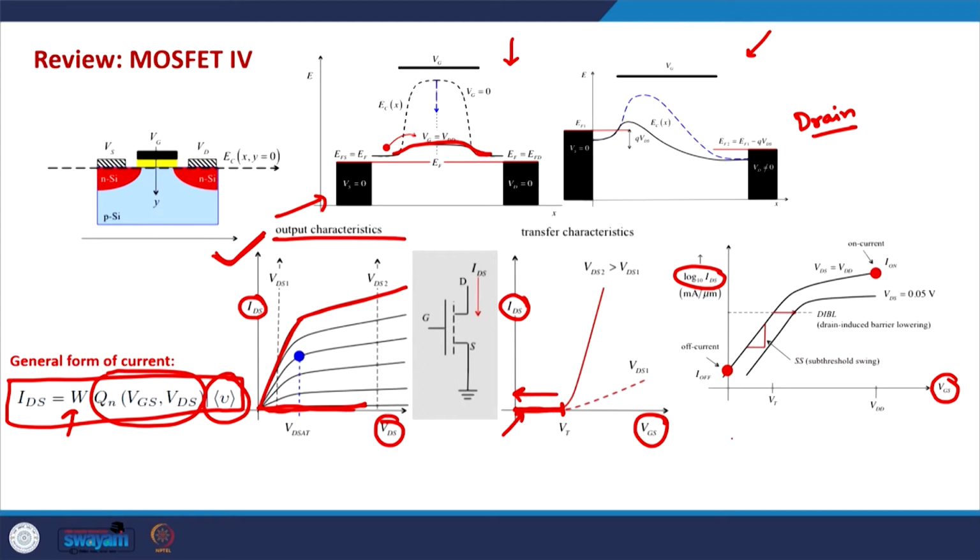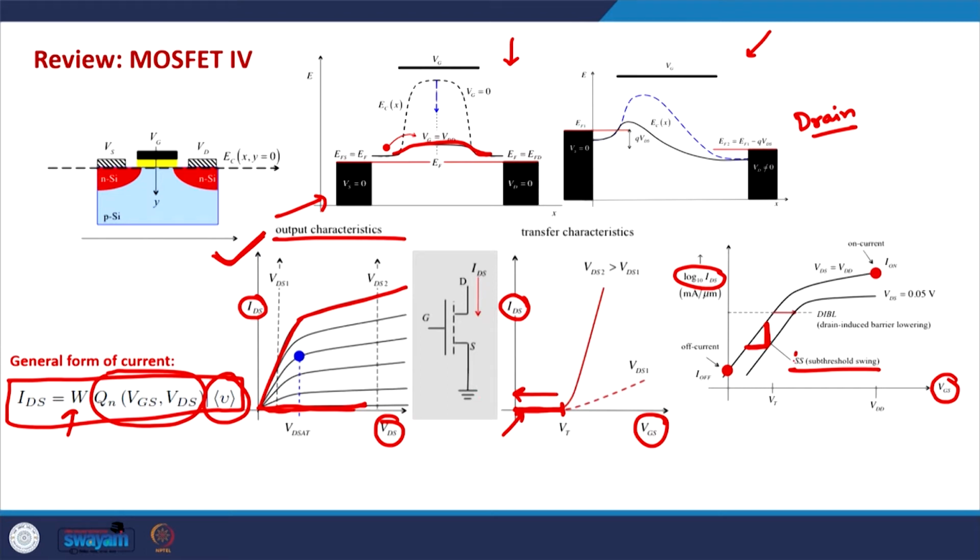On this we come across a new MOSFET parameter known as the subthreshold swing, which is the inverse of the slope of this curve, and this tells us how much control the gate has on the channel.